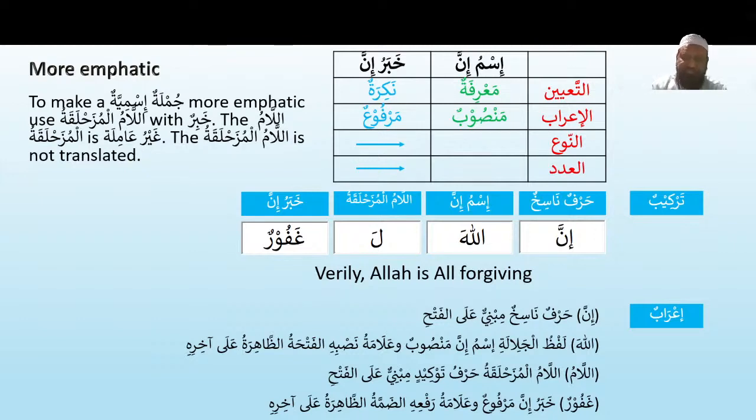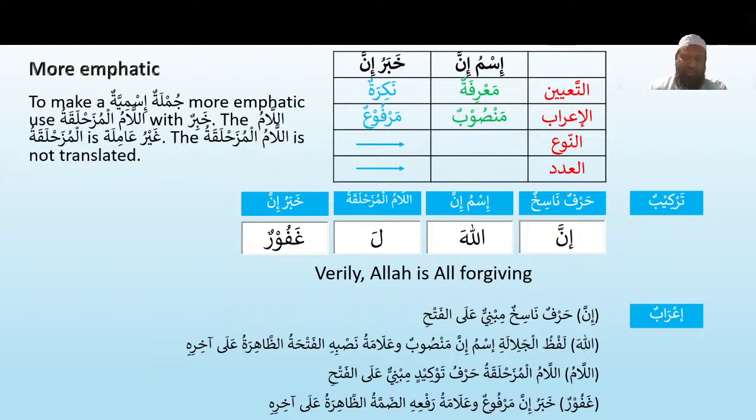Alright, we said we're going to talk about two حرف مشابه بالفعل. One is inna, another one was anna. So this is everything we need to know about inna, and let's see how we use anna.